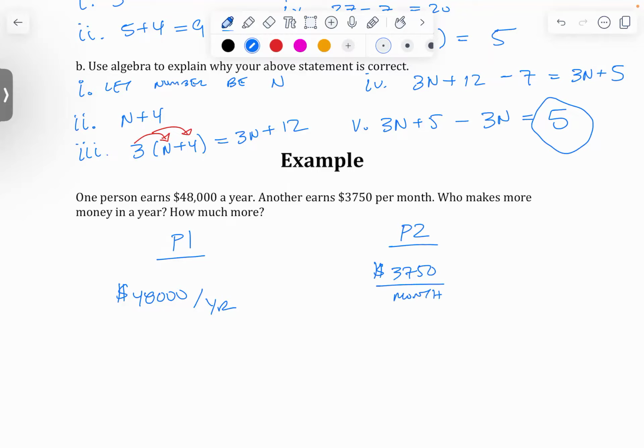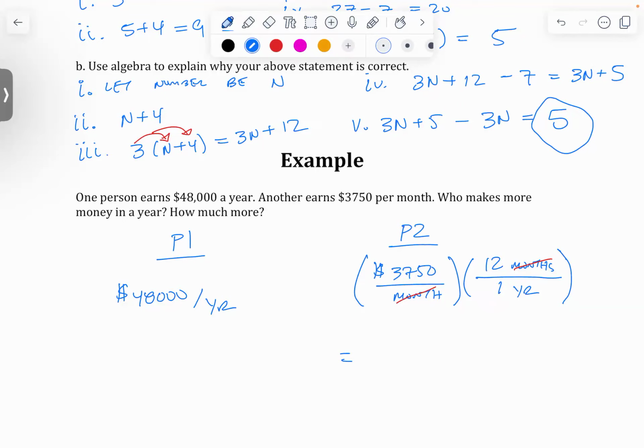And notice the division notation. In order to get this on the same units, we do what is known as dimensional analysis. There are 12 months in 1 year. Our units will cancel, and now notice what our units are. Dollars per year. So dollars in the numerator, years in the denominator.